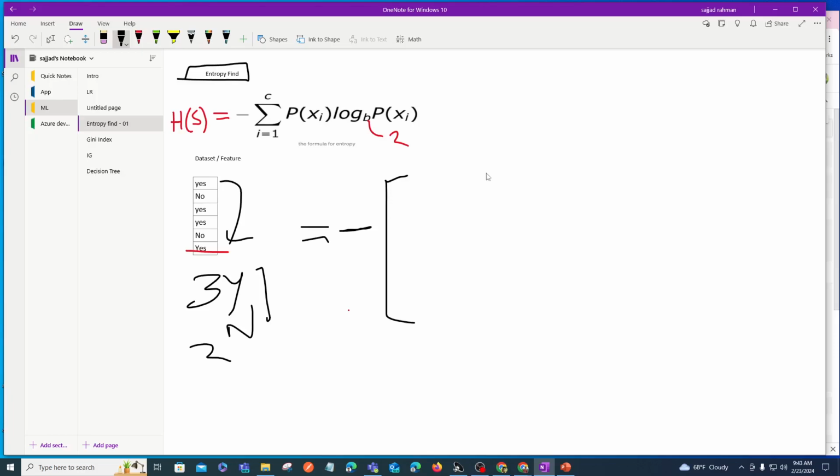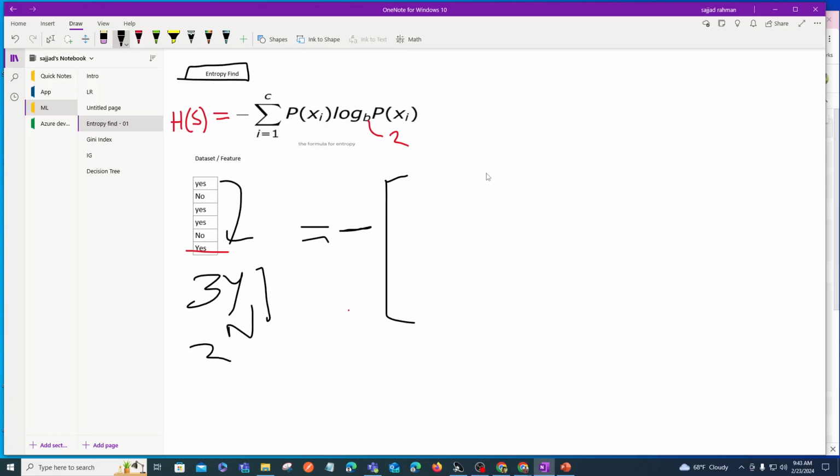And the rest, 2 negative out of 5, so 2 upon 5 log base 2 of 2 by 5. If we calculate these things we will find, I am using a scientific calculator for easy understanding.